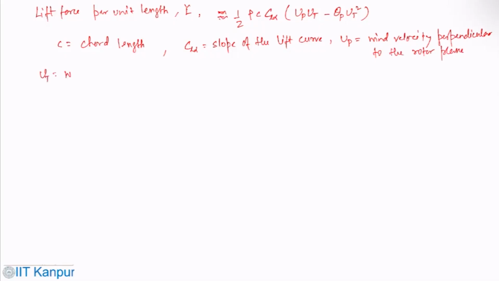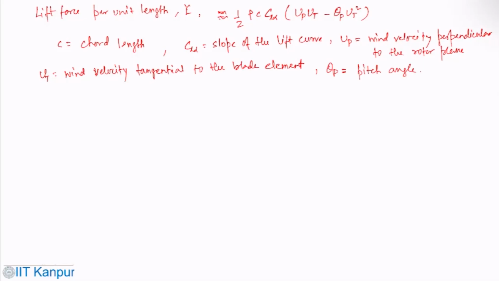UT is the wind velocity tangential to the blade element. Theta P is pitch angle. Okay.